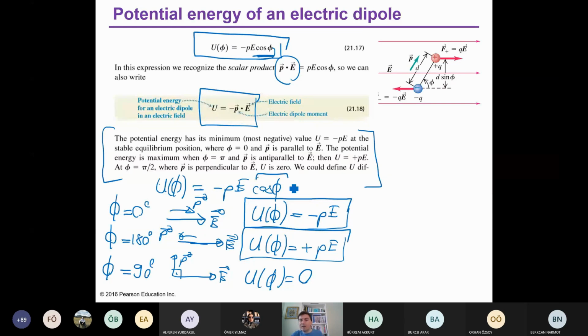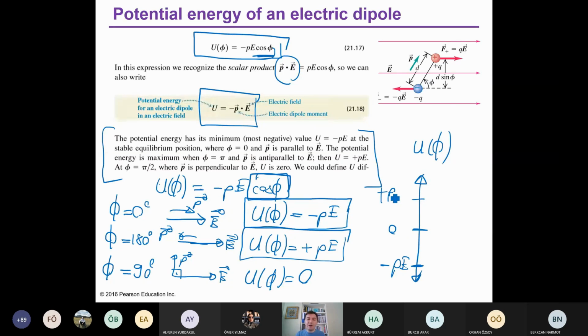So now what about the meanings of these potential energies? Just consider that this is the potential energy depending on phi, and this is 0. This is negative PE, and this is positive PE. Which one is minimum? This is minimum, this is maximum.